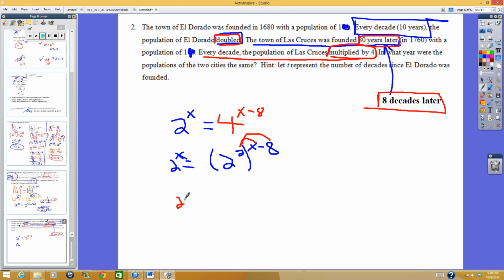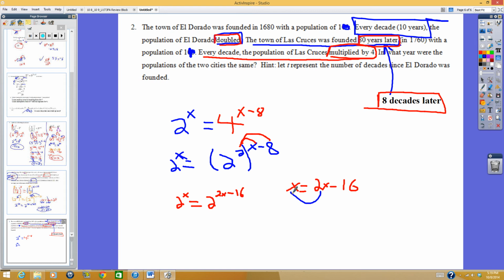Over here you're going to have 2 to the x equals 2 times x is 2x minus 8 times 2 is 16. Okay? We have the same base. So I'm going to say x equals 2x minus 16. I just set my exponents equal to one another.